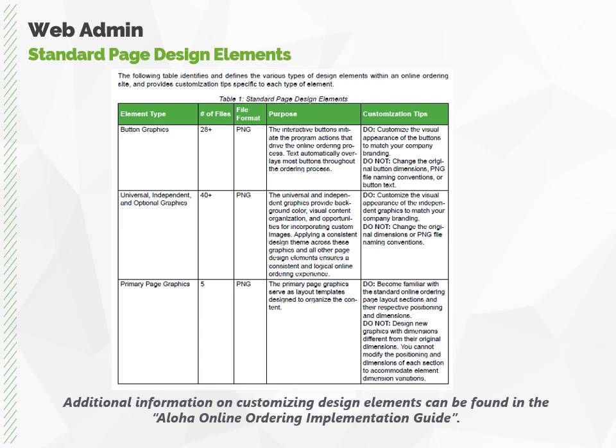When customizing primary page graphics, do not change the original dimensions or modify the position of each section to accommodate element dimension variations. For additional information on customizing design elements, refer to the Aloha Online Ordering Implementation Guide.